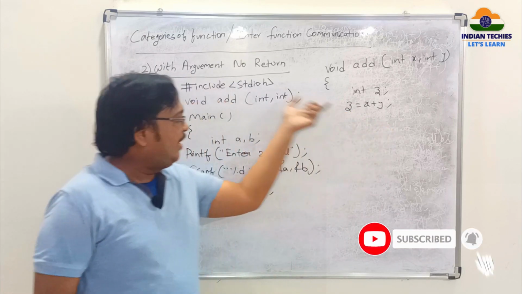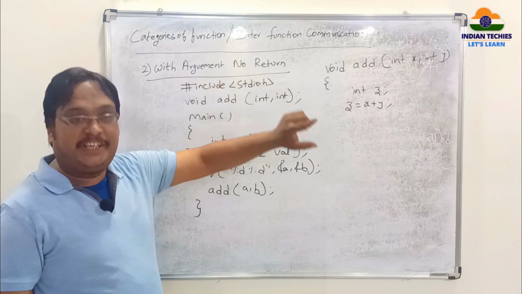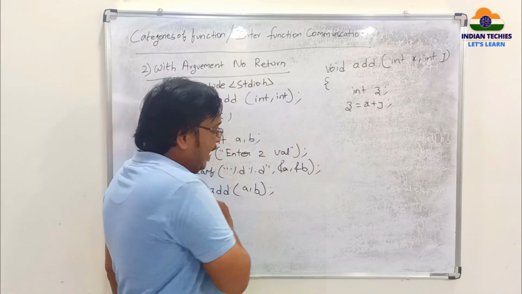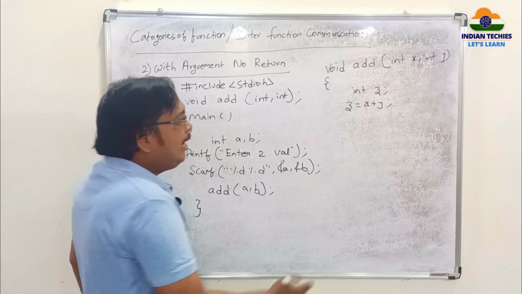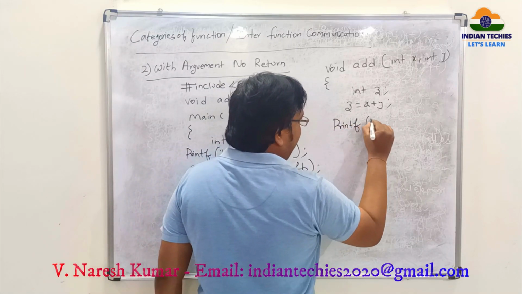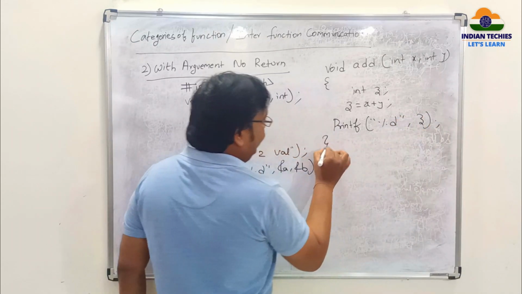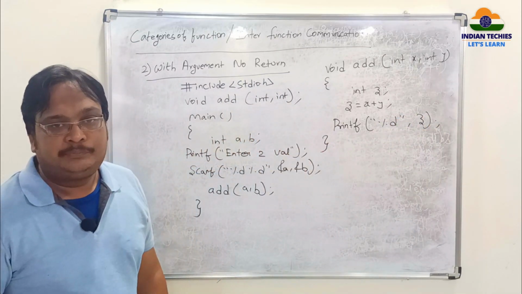Return Z means this value will go to main. But here I am asking not to return. So instead of returning back and printing in main, I will directly print it here only. That is printf %d, Z. So your program is done.